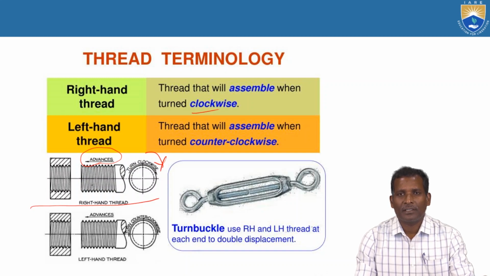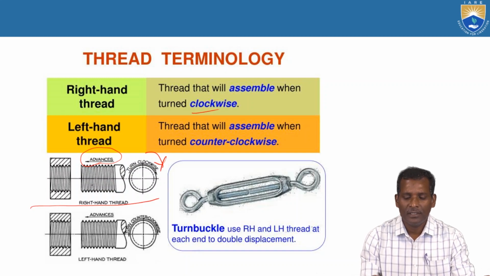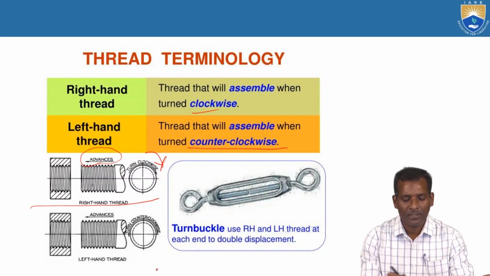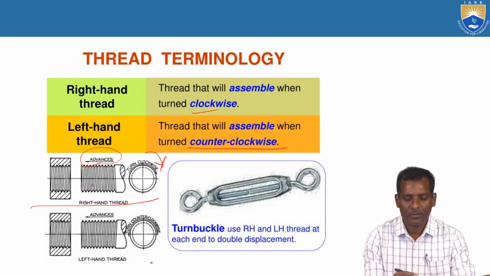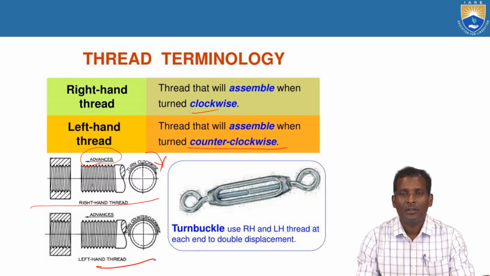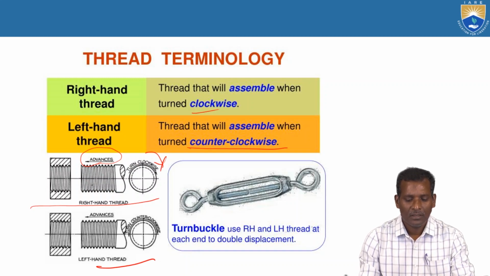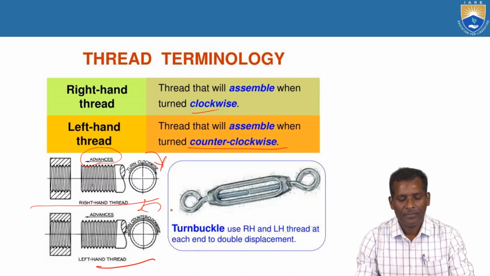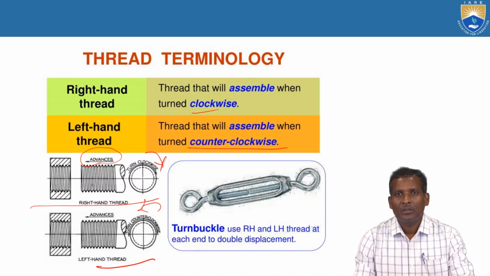Similarly, in the left hand case, left hand thread is the thread that will assemble when turned counterclockwise. See in this diagram, left hand is shown. So in this, the direction is left hand side direction. These two are classified depending upon the rotational direction.